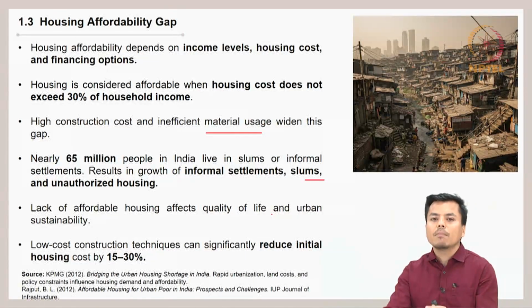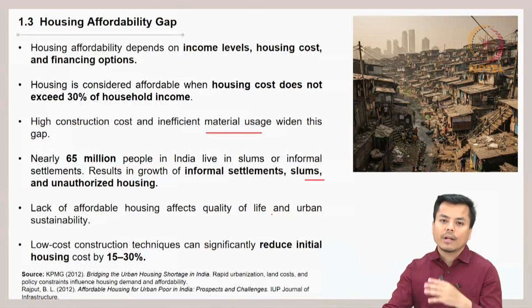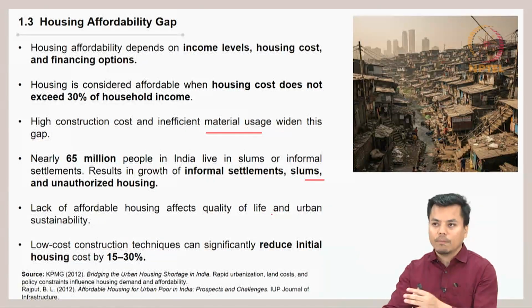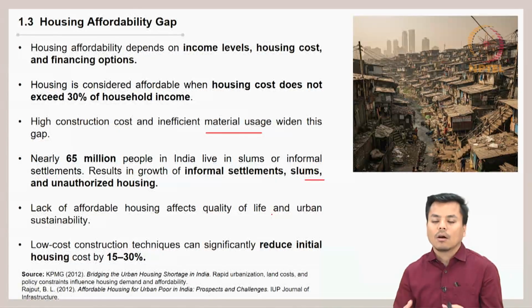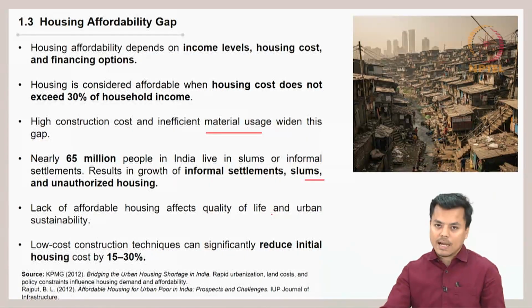But in such informal settlements, that is actually not possible, because within 3 by 3 meters or less, the entire family of 4 or 5 resides. That is not a proper way of living, and it leads to a compromise in quality of life and also compromises the overall sustainability domain.